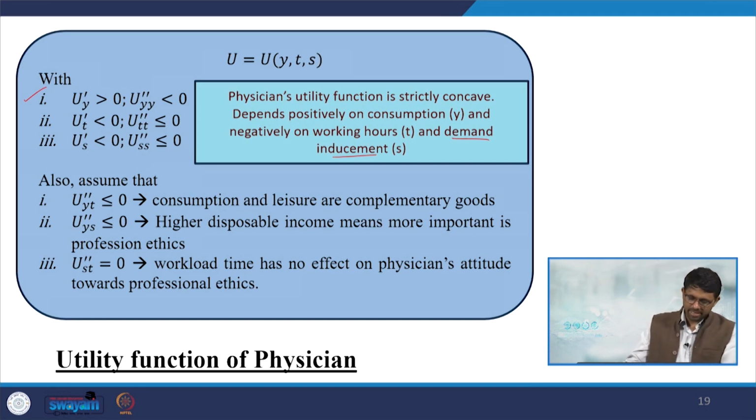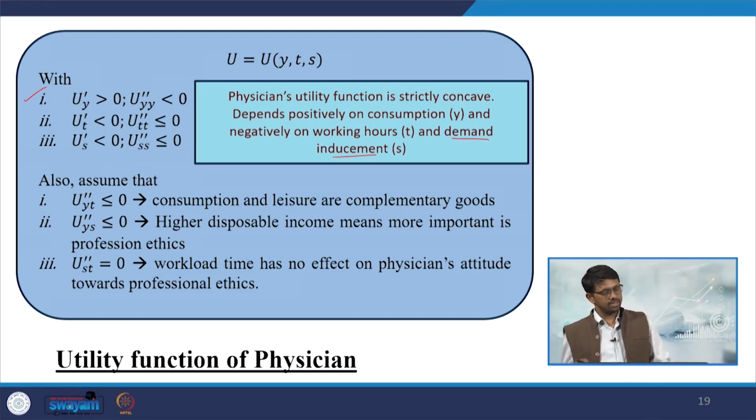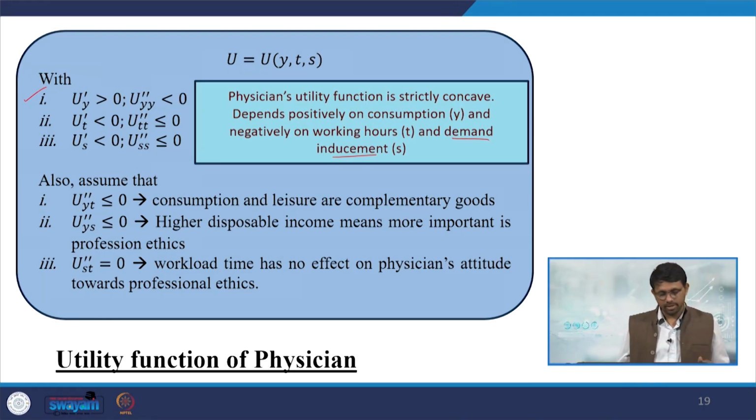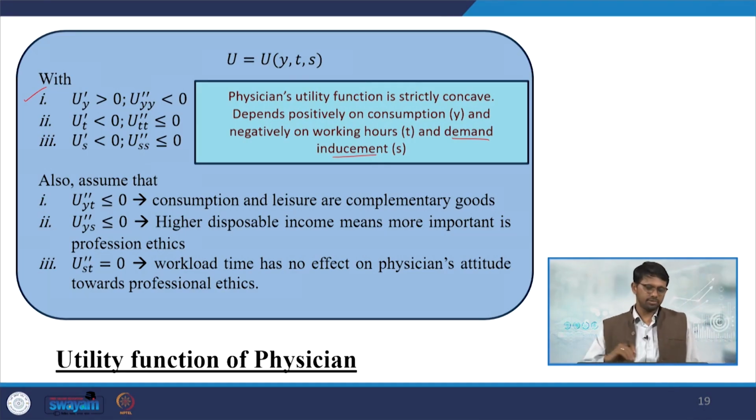With respect to time, the first derivative is negative, and the second is maybe negative or even equal to 0. Okay, it might remain constant after a certain time. And with respect to the supply-induced demand, that is S, the first derivative is negative, and the second one is at least non-positive.